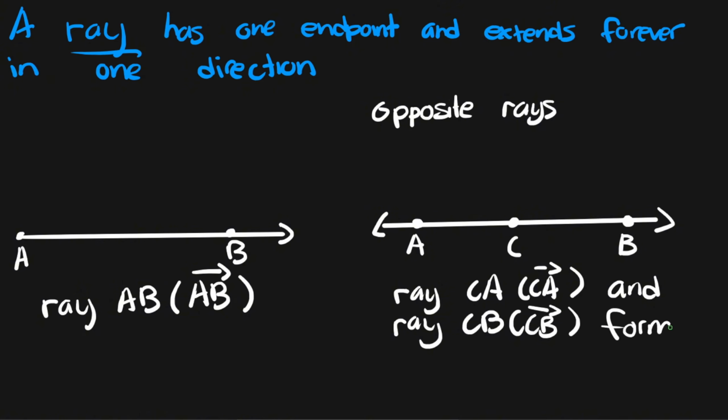They form opposite rays because they have the same endpoint and they form a line. They share the same endpoint. And yeah, that about wraps it up for rays and opposite rays.